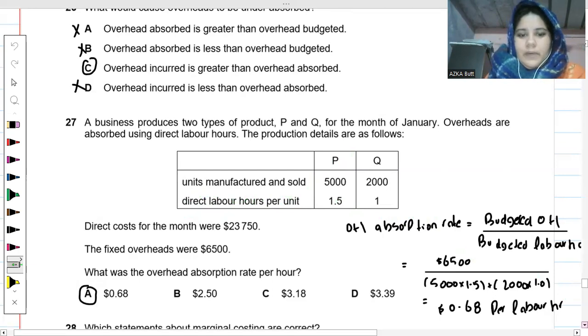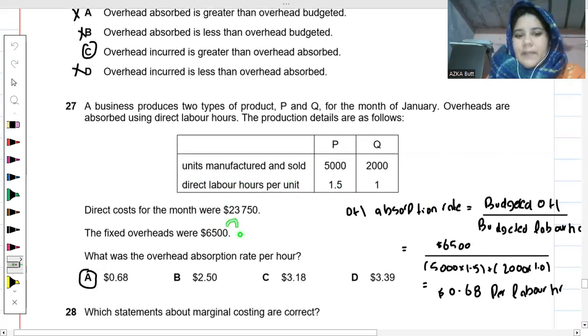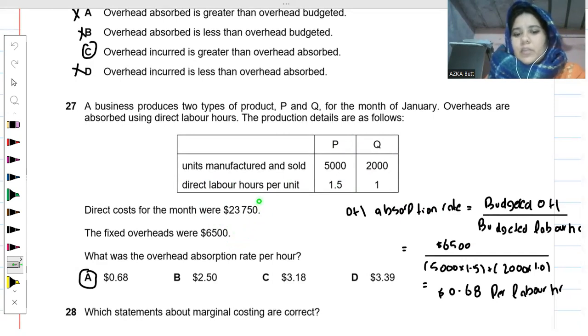So overheads are 6,500. Okay. And we don't need this 235,750 because this is the direct cost. Because the formula is that we have to divide the budgeted overheads over the budgeted labor hours for both of the products.